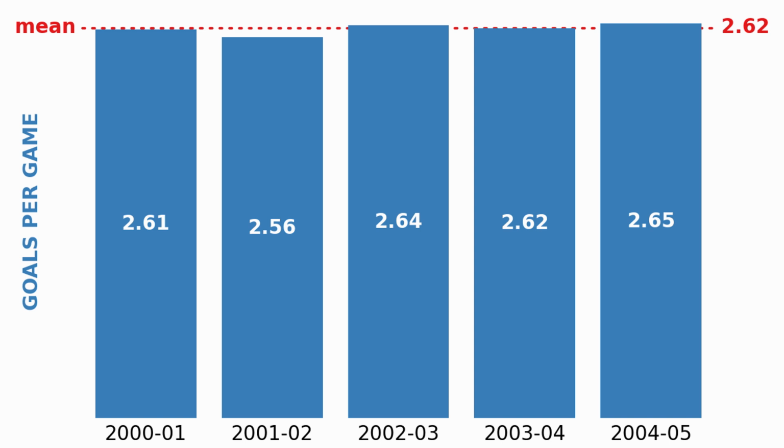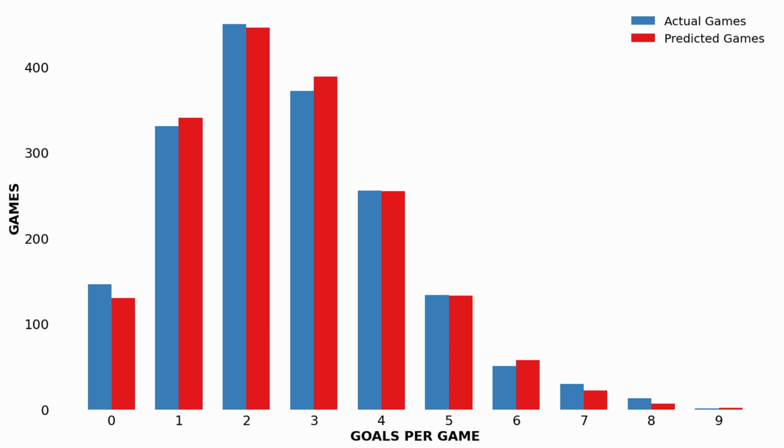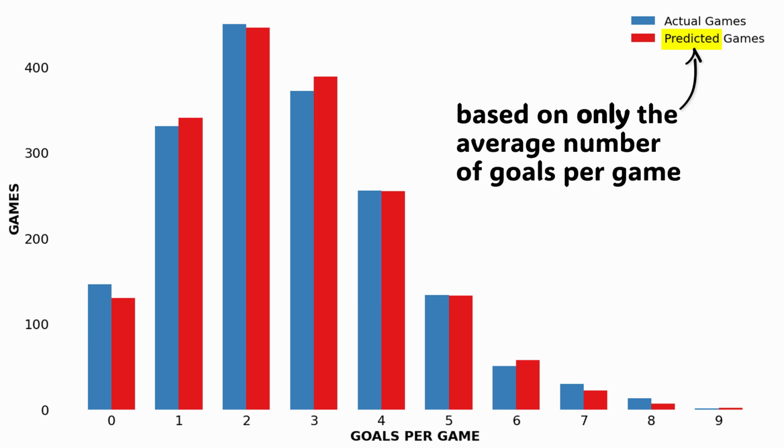Here's the actual distribution of goals per game during the entire 5-season period. And here's the same plot along with predictions from a Poisson distribution. The shapes of the actual and predicted distributions are amazingly similar. Remember, we generated these predictions using only one value, the average number of goals scored per game.